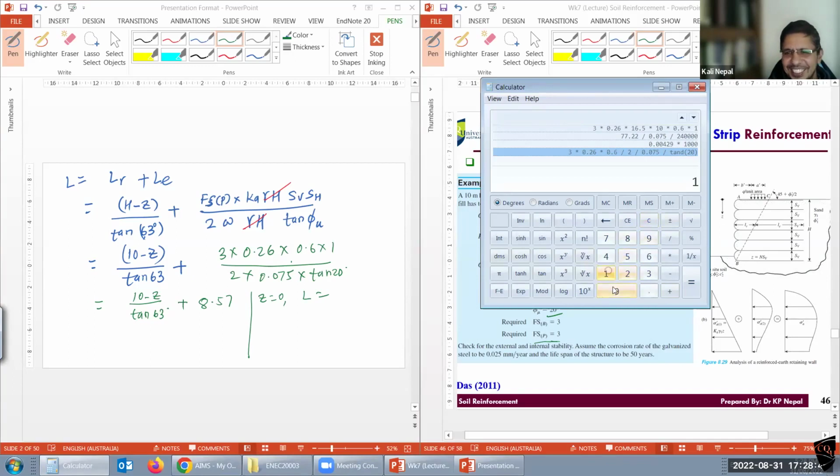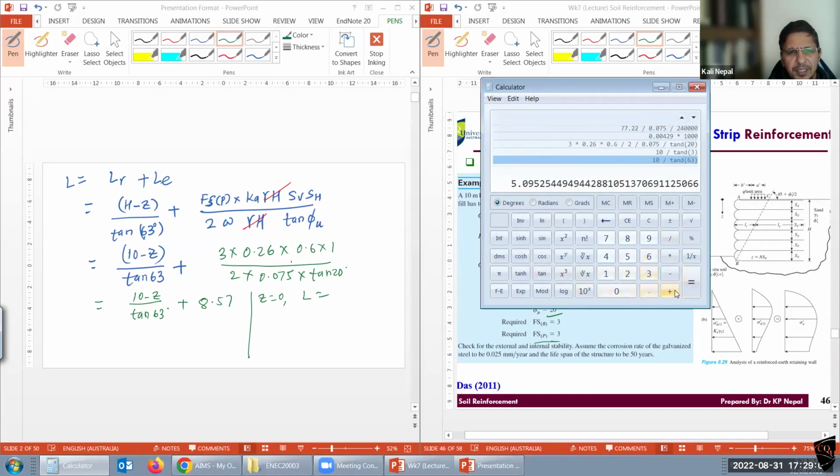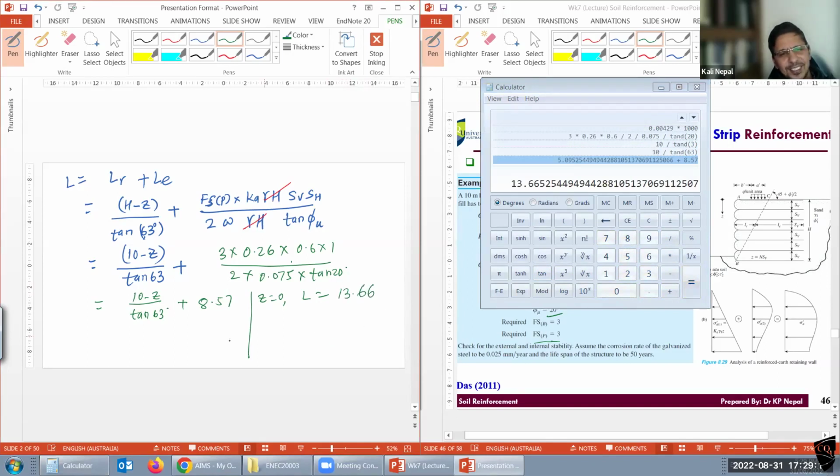So that means 10 divided by tan 63 degrees, equal to 5 plus 8.57, right? So total is 13.66, 13.66. Good, right? So L equals 13.7.